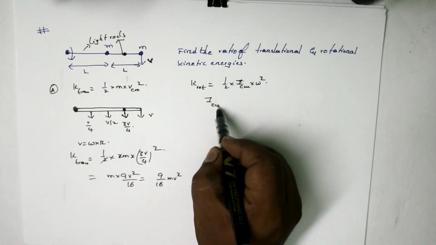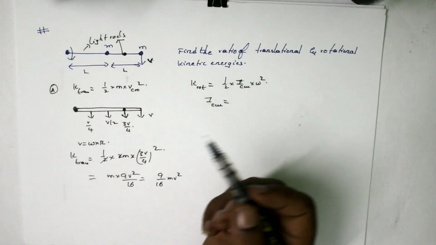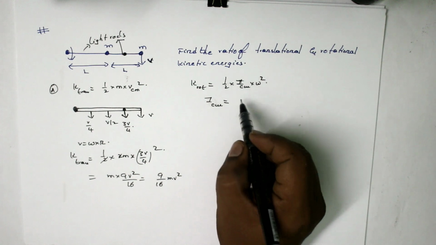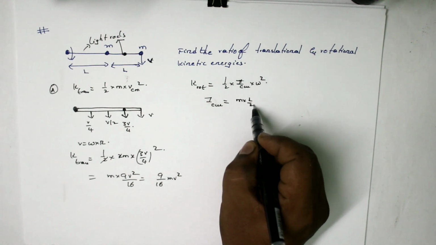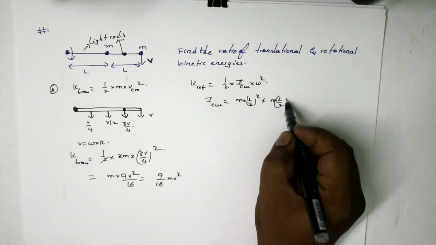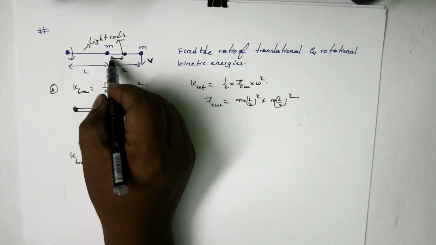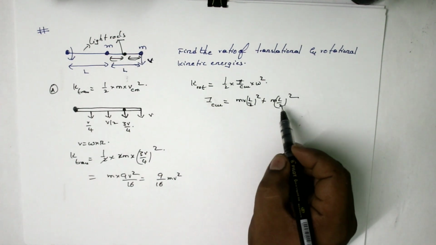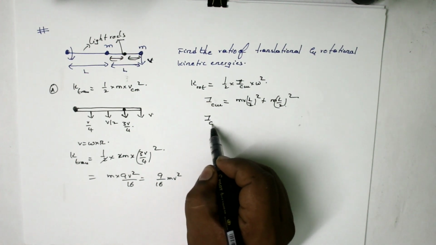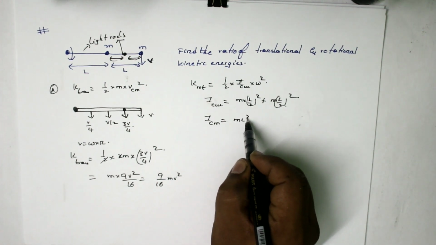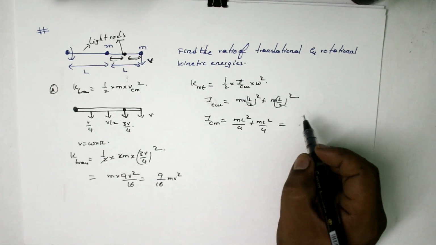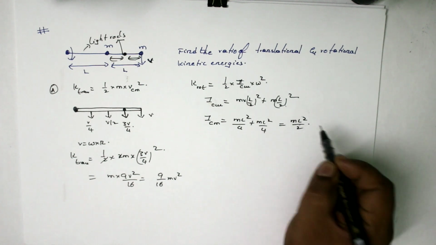So I center of mass, the moment of inertia across the center of mass for both bodies, can be written as m into l by 2 whole square for one body, and for the other body it is also m into l by 2 whole square, because this distance and this distance are equal to l by 2. So the total moment of inertia is ml square by 4 plus ml square divided by 4, which is equal to ml square divided by 2.